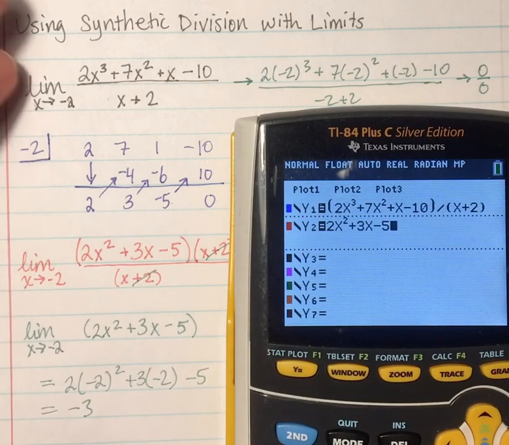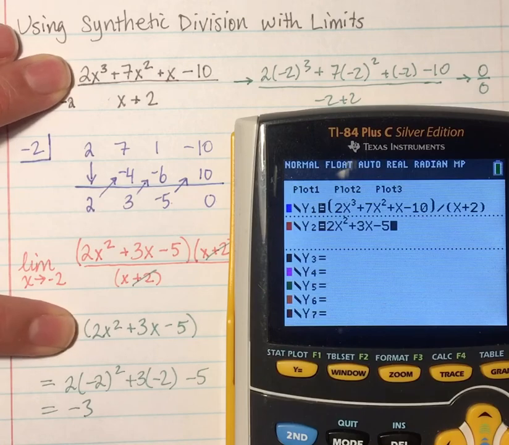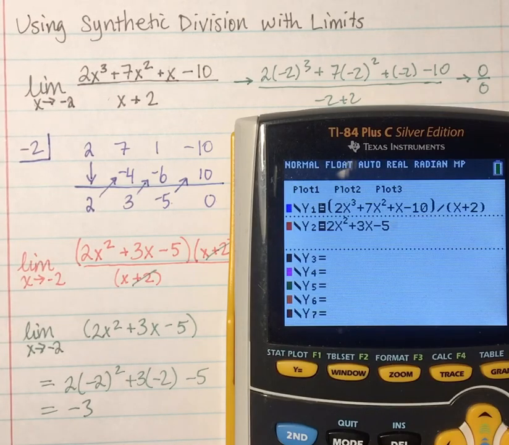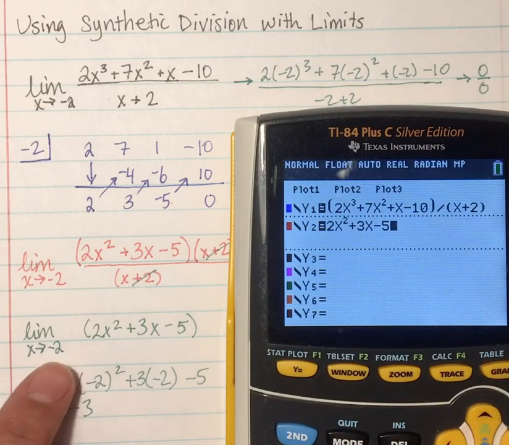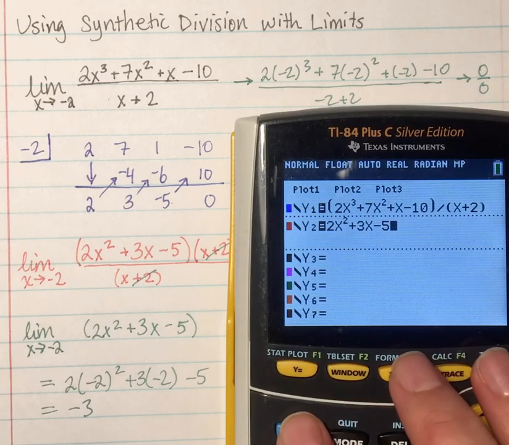So basically, these two things that we have are identical for every single number on the planet except for -2. And it seems weird that we can use these to compare when we're looking at -2, but remember, limits are saying get close to -2, not actually at -2. We're squinting, remember, that's what limits are about. It was kind of the squint.